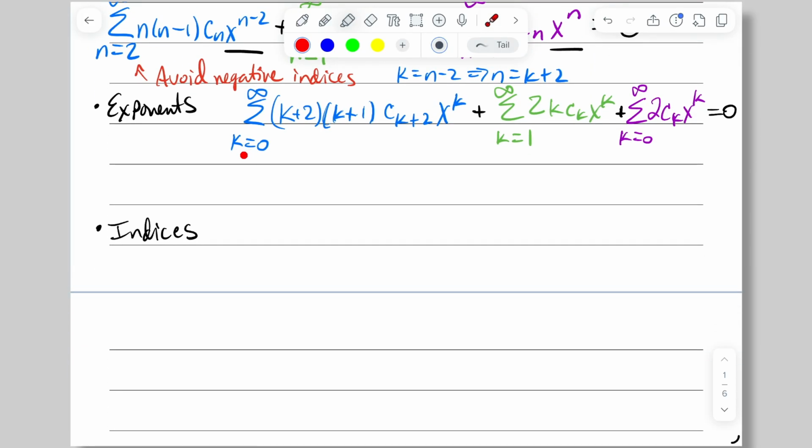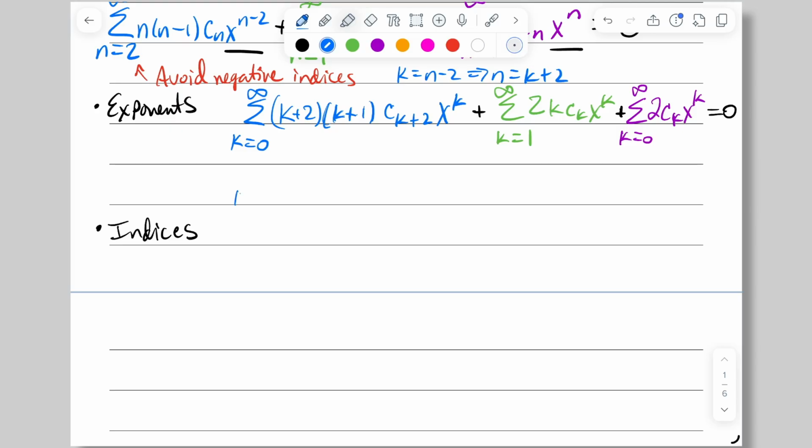In order to do that, I'm going to look at the indices that are smaller than any of the other indices that I see. We have k equals 0, k equals 1, k equals 0. If we write down the blue, the first k equals 0 term, and then the purple, the last k equals 0 term, then both of those would be sums that would start with k equals 1.